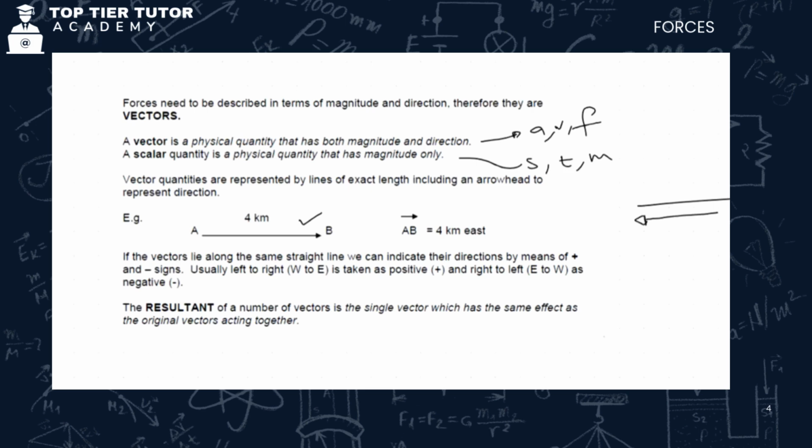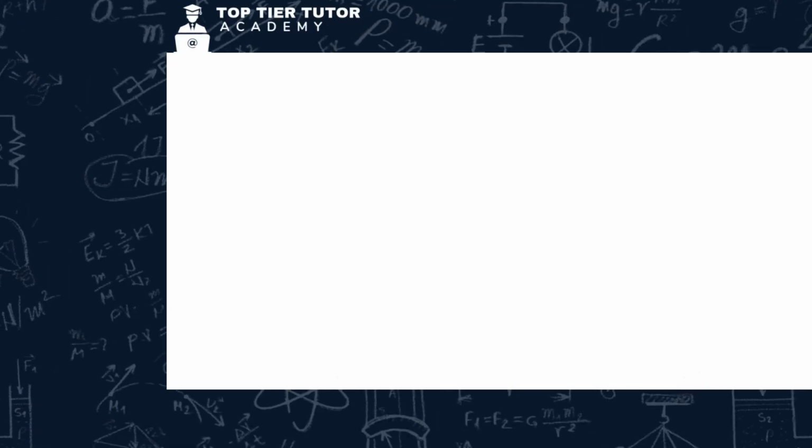Right? So when it comes to calculating the resultant force, whenever we are given forces, we need to be able to choose which side is positive and which side is negative, so we know if we're adding or subtracting.